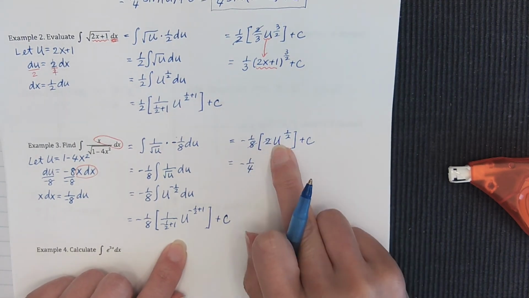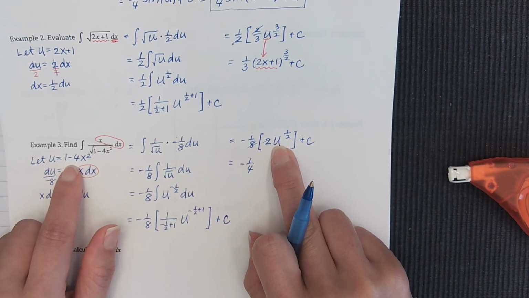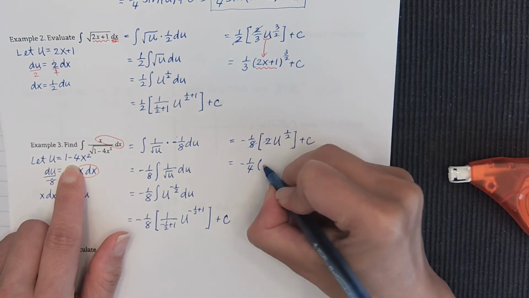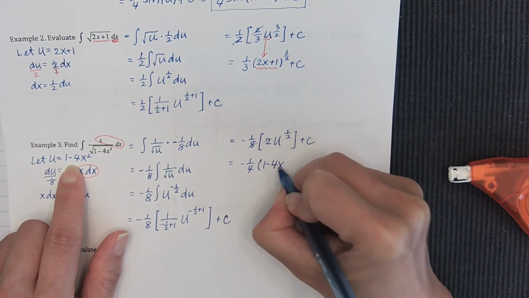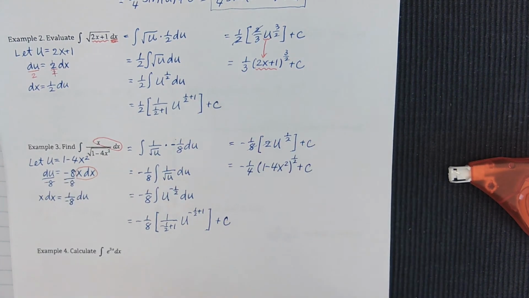Then again, what's my u? You have to put that back: 1 minus 4x squared, to the 1/2, plus C.